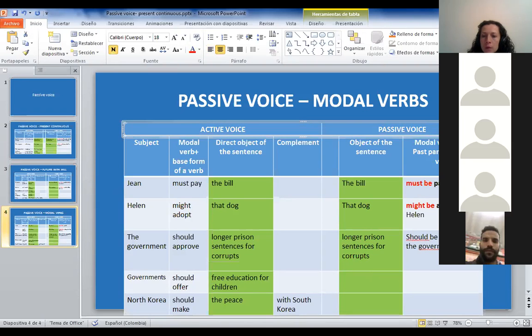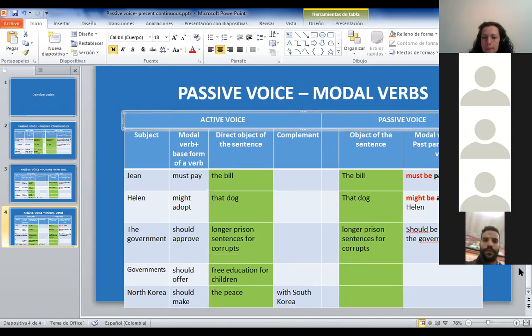We are reviewing how to write passive sentences with modals, and when we finish reviewing this topic, we are going to have a debate. Okay. I'm sorry, teacher.